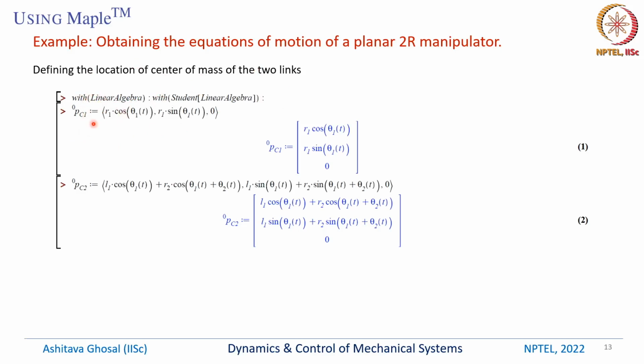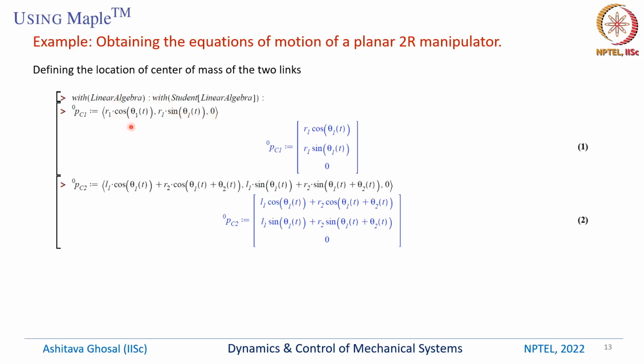First thing is we say what the location of the CG of each link is. 0PC1 is the position vector of the first link's center of mass, or center of gravity. As you can see in your notes, this is nothing but r cos theta 1 and r sin theta 1.